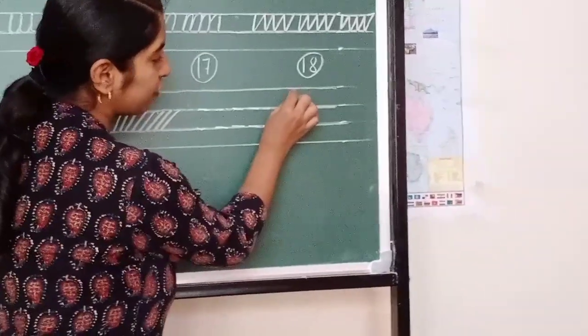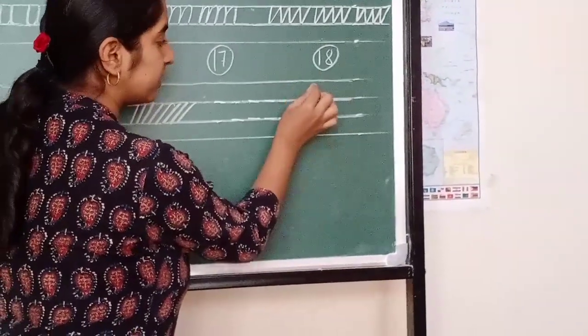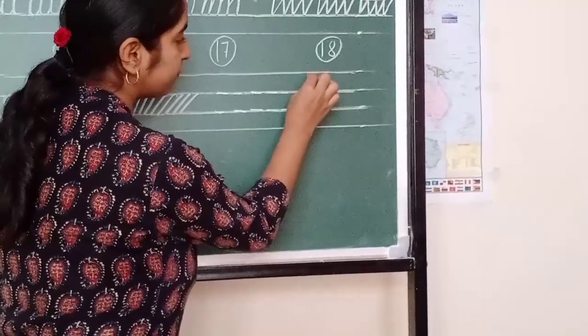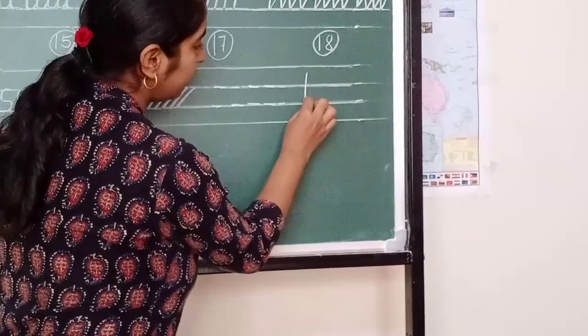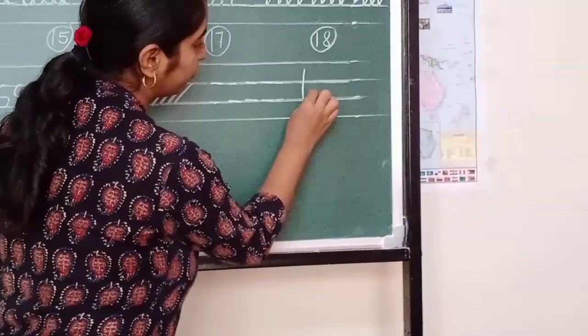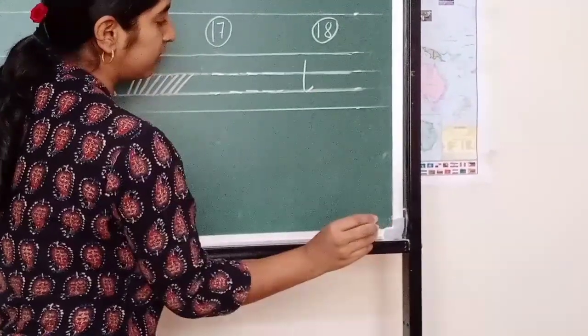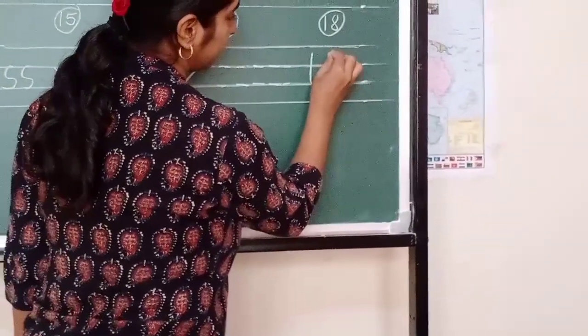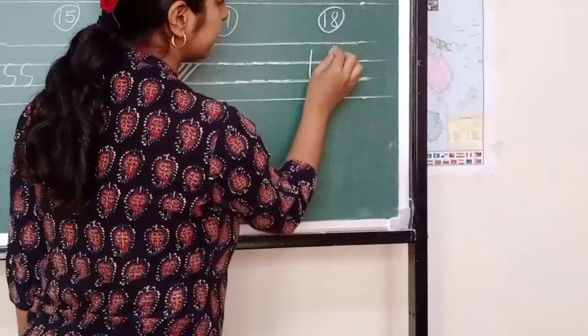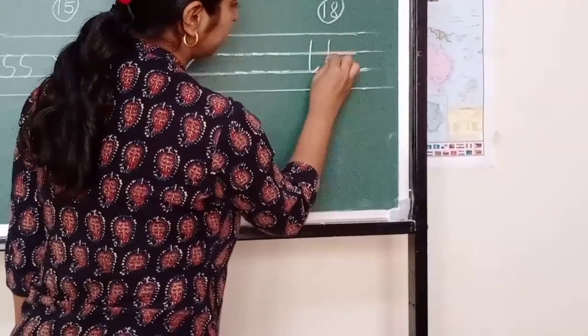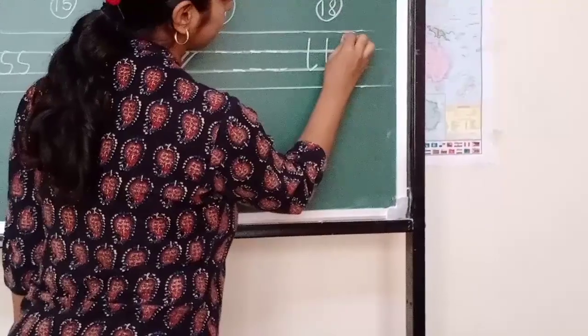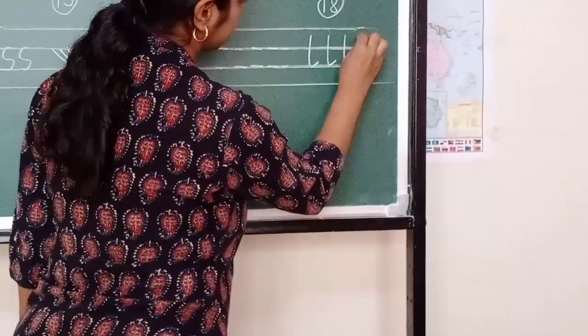It has to start from the middle of the ascending and middle lines, that is from here, and touch the base line. A bit you have to curve it and stop. Like this. Yes.